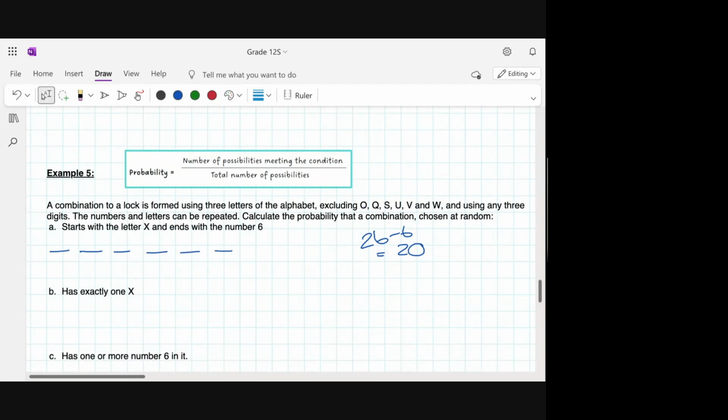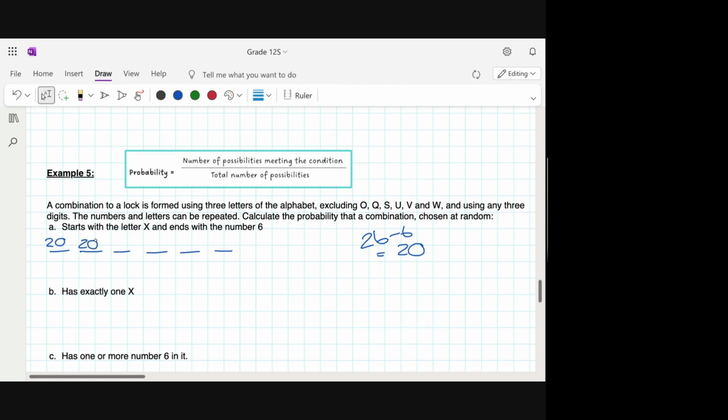We know there's 10 digits. Why am I saying 10? Because it's 0 to 9, which makes 10 digits. Remember we spoke about this on Monday? And we've just worked out that we've got 20 letters to work with.